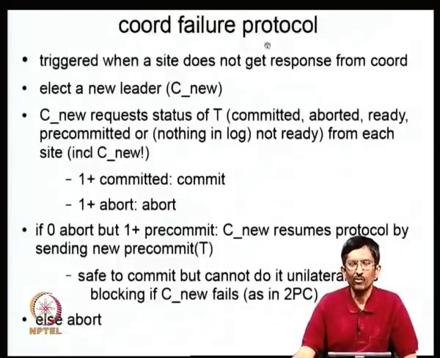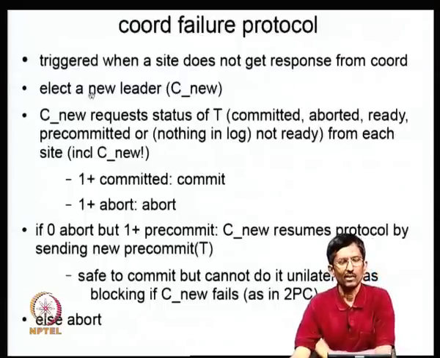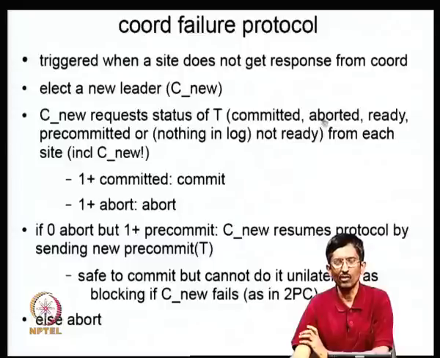So this coordinator failure protocol is triggered when a site does not get a response from the coordinator. Okay. So what we do is we elect a new leader, and then this new leader requests the status of T from each site. Okay. Whether it is committed, aborted, ready, pre-committed, or nothing has happened.